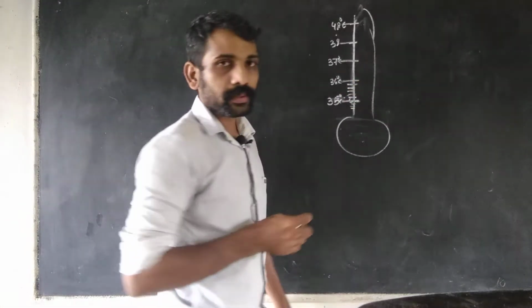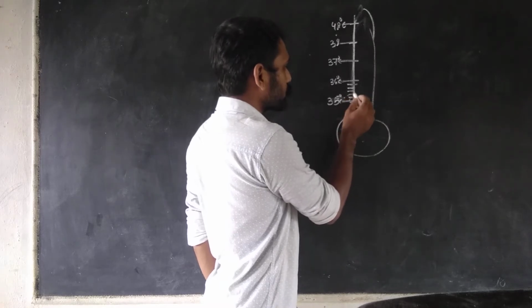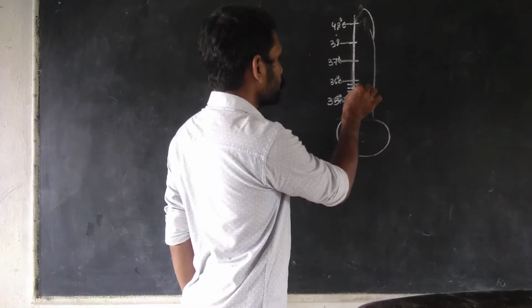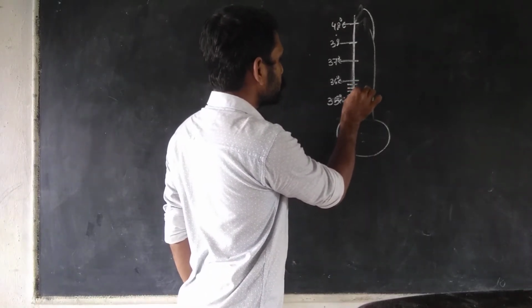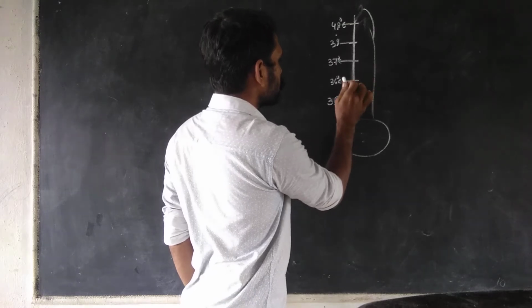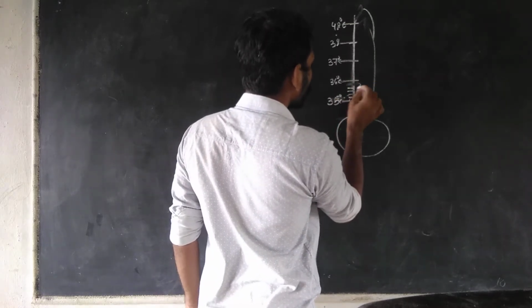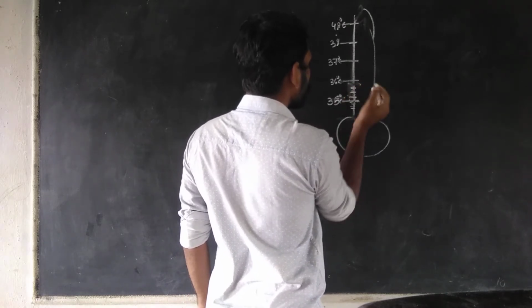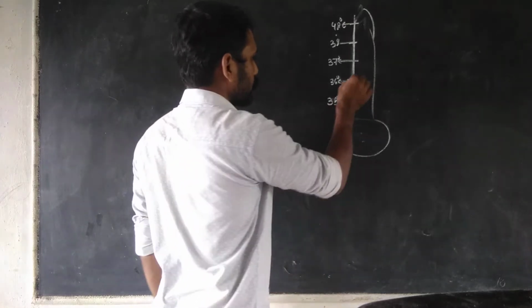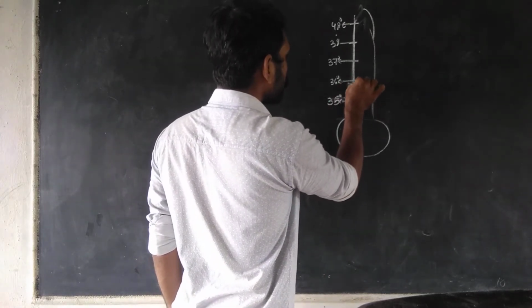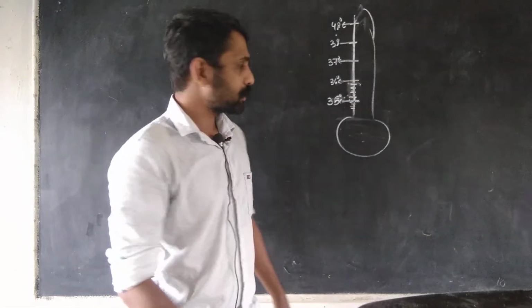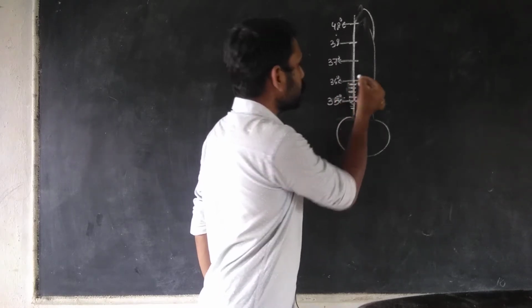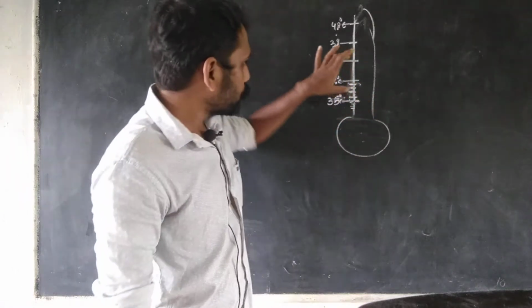How many small marks will there be? 1, 2, 3, 4, 5 divisions. You can see the small marks in between two bigger marks.